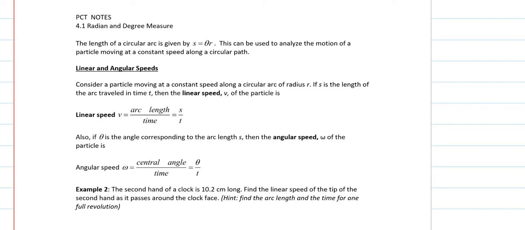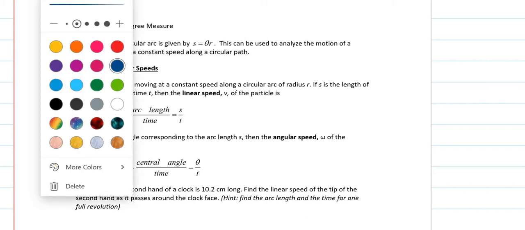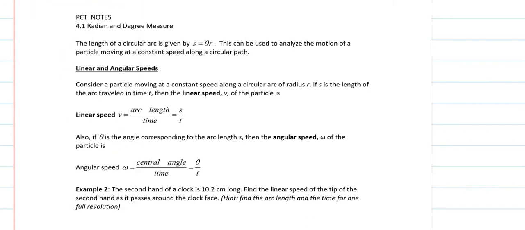So linear speed measures how fast the particle moves along that circle. You could also write this formula as v equals theta times r over time. So this is the angle and the length of the arc divided by the time that it takes the particle to move.